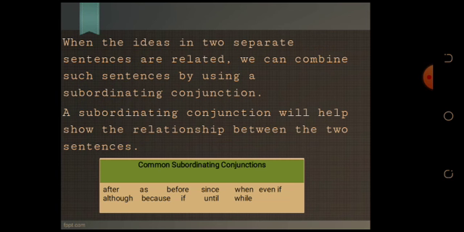That means when you have two or more sentences and the ideas in them are related, we use a subordinating conjunction to help show the relationship between the two sentences. So we'll have examples like: Because he is studious, he passes his exams in flying colors.